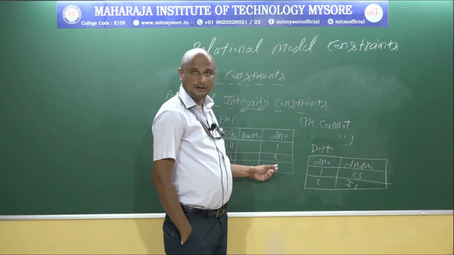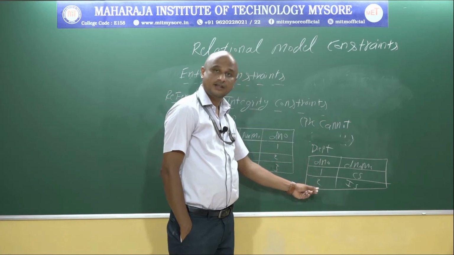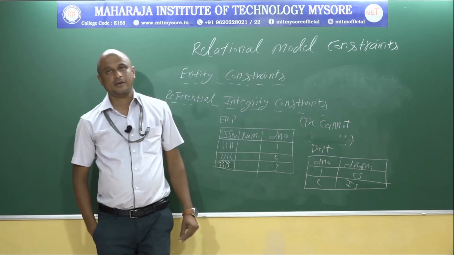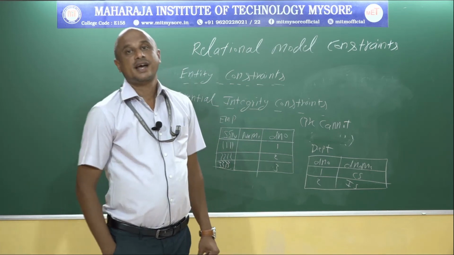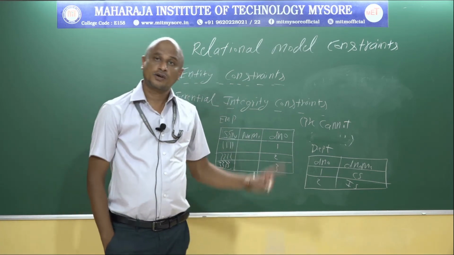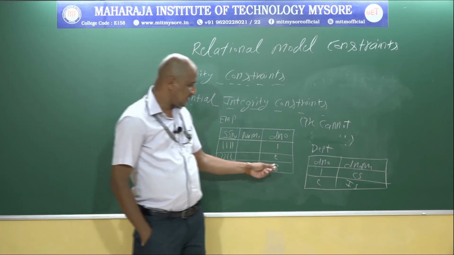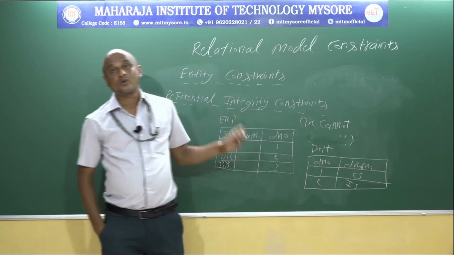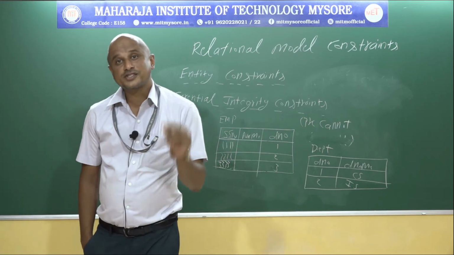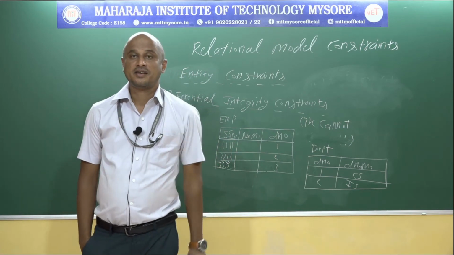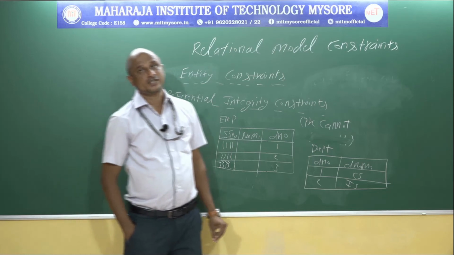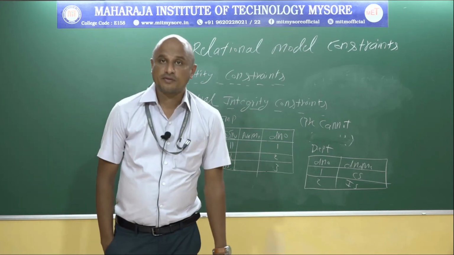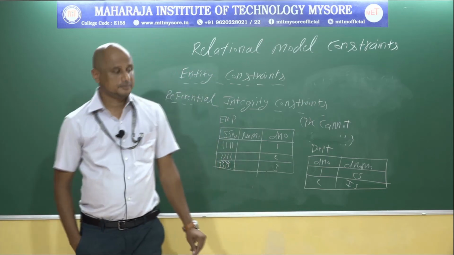You can see the 3 here. Only 2 branches are available, CS and IS, 1 and 2, but I've given 3 here. You are violating the referential integrity constraint.